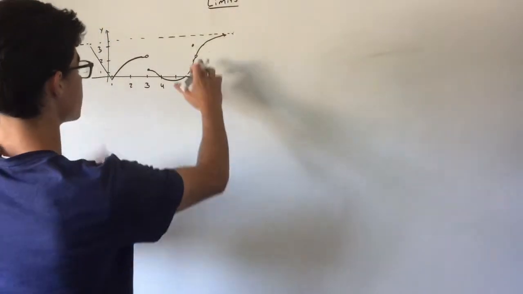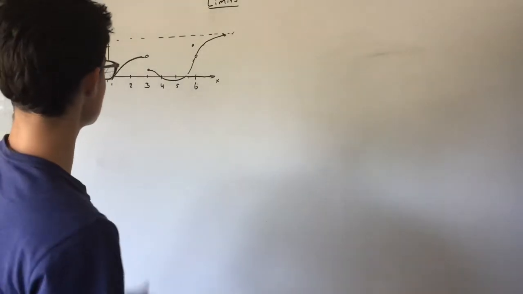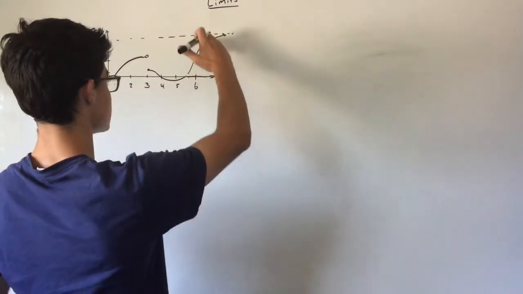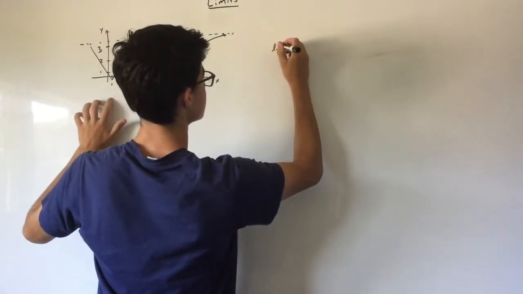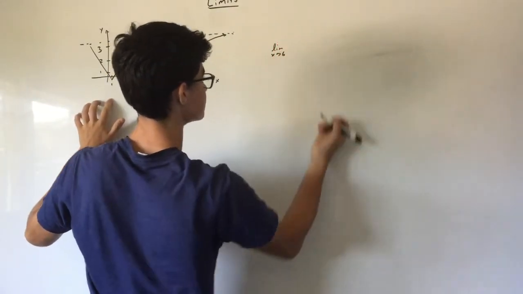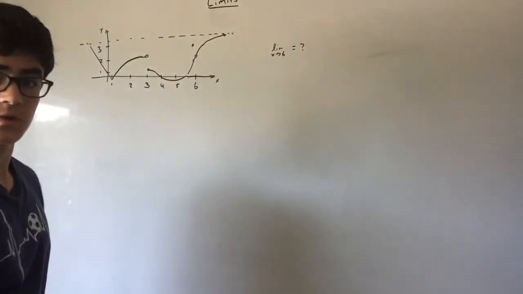Okay. Now moving on to our next point that's, let's say, sketchy. Here we have a removable discontinuity. What is the limit as x approaches 6? Well, let's go through the process again.